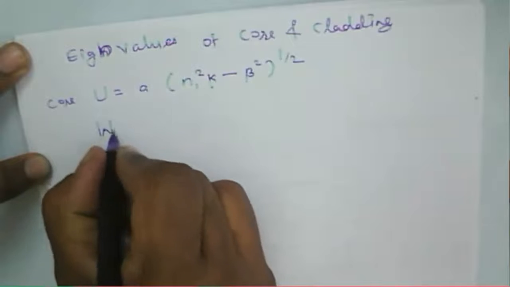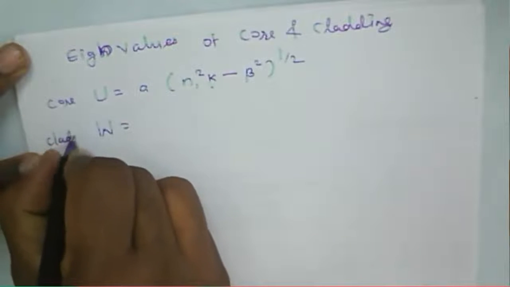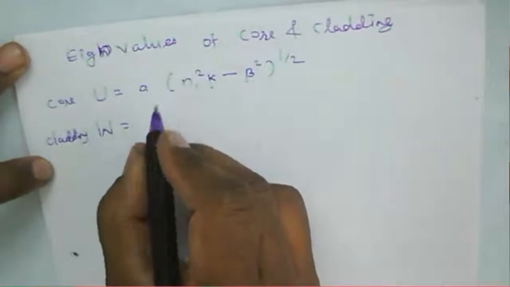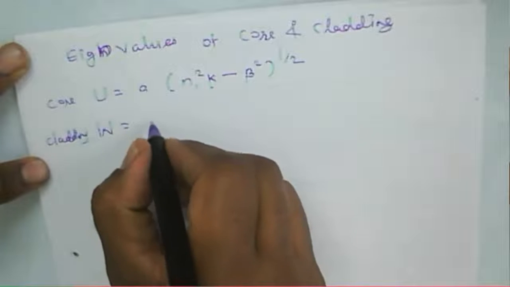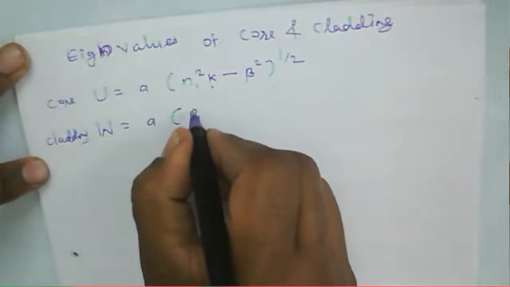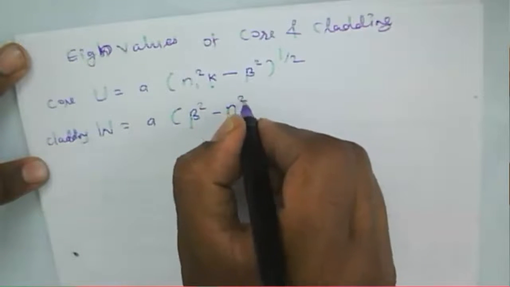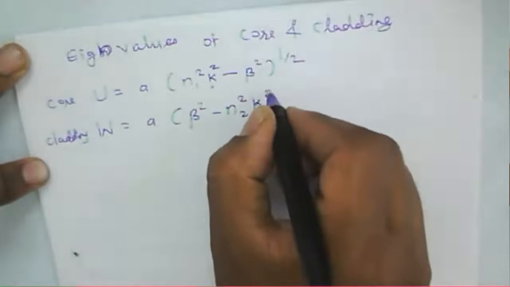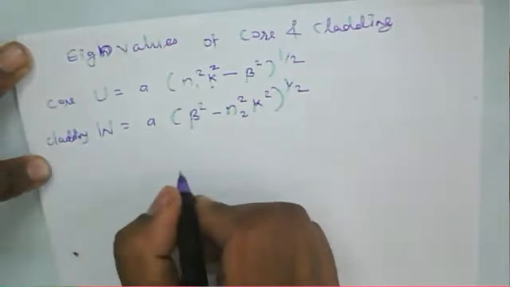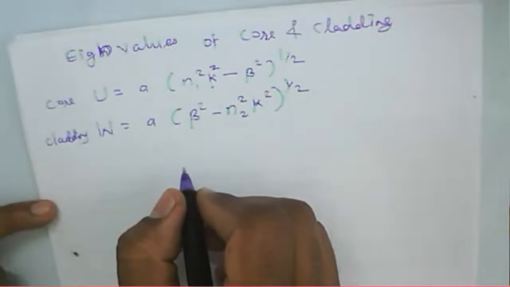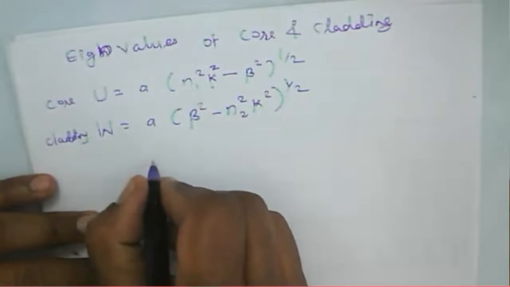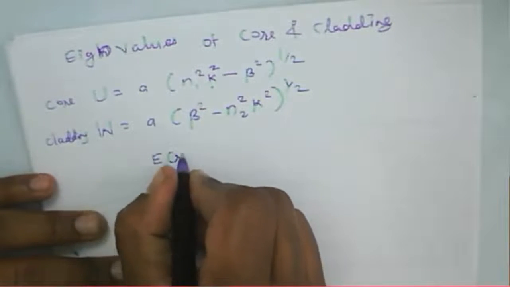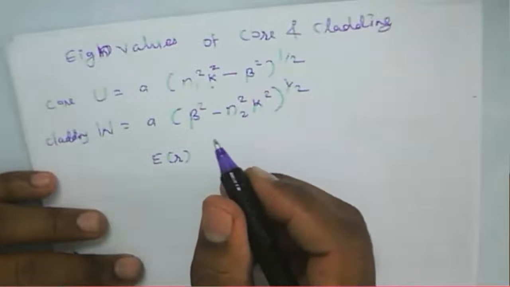And this is for the cladding: W is equal to a, then beta square minus n square k square, raised to 1 by 2. This is for the cladding here. And the field we can relate with respect to the radius.